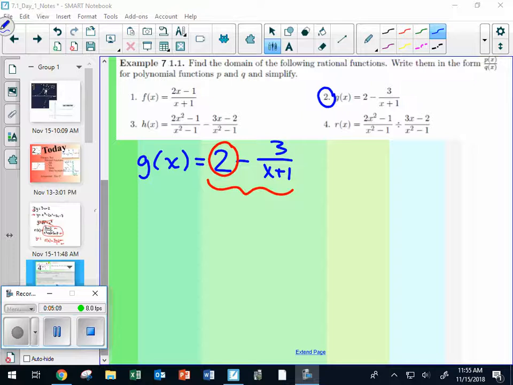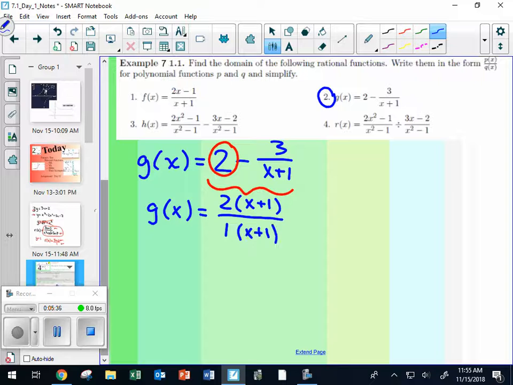So, row 4, person 4 now, if we want this 2 to have the same denominator as this 3 over x plus 1, what should we do to this 2? So we're going to multiply the top and the bottom by x plus 1, and you're saying that 2 is the same thing as saying 2 over 1.